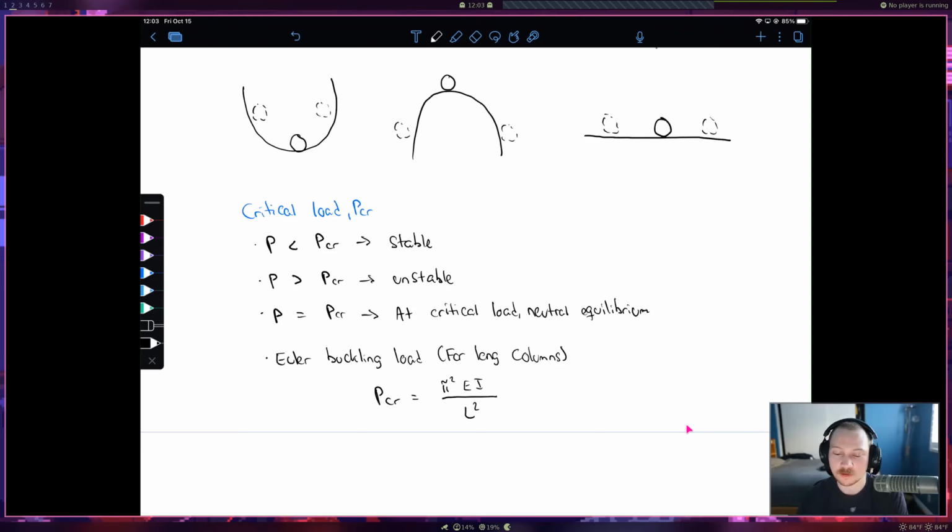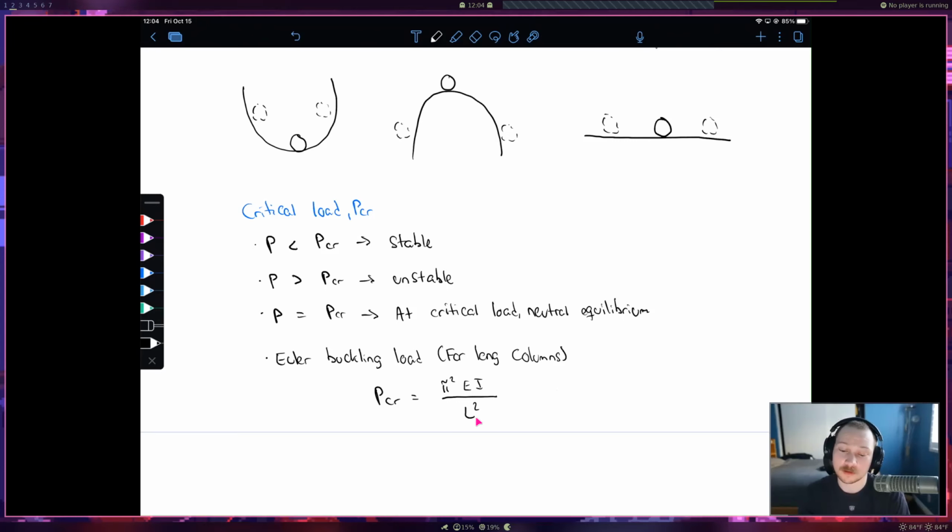So maybe instead of, I don't know, aluminum, you choose some kind of steel. You can do that. Or a different way, you can keep the same material, but you can just change the geometry. So if we increase the moment of inertia, same kind of thing, we can increase then that critical load. So it's going to fail at a higher load.